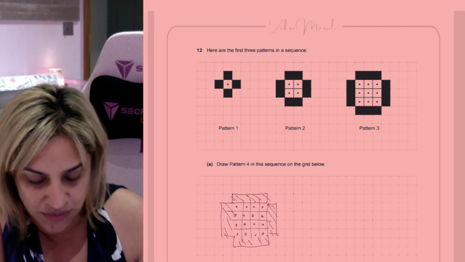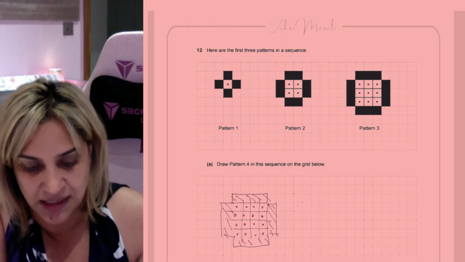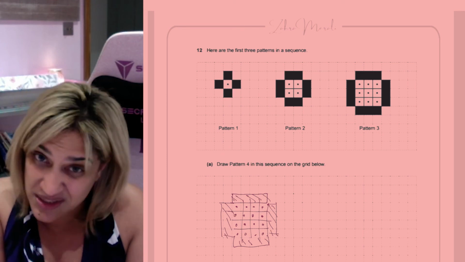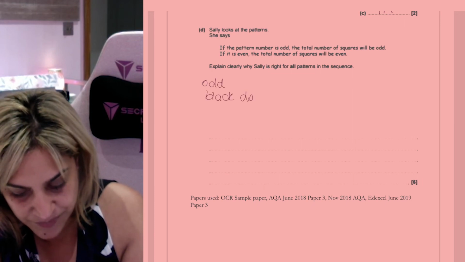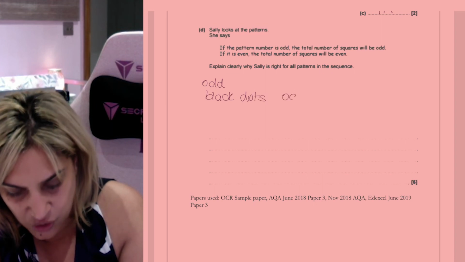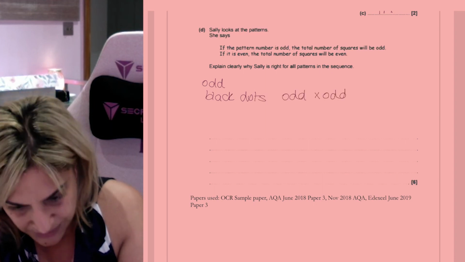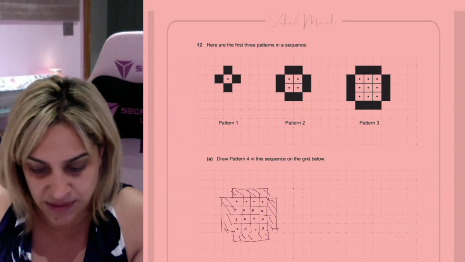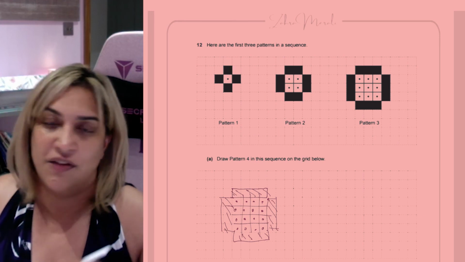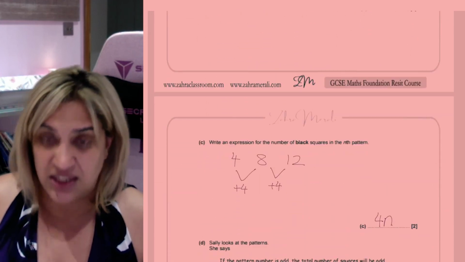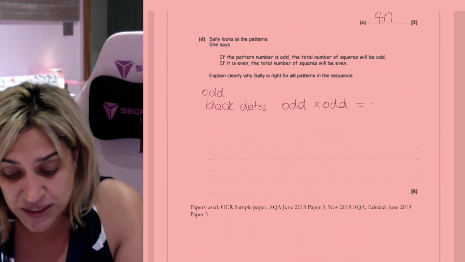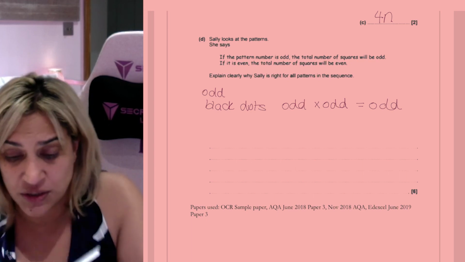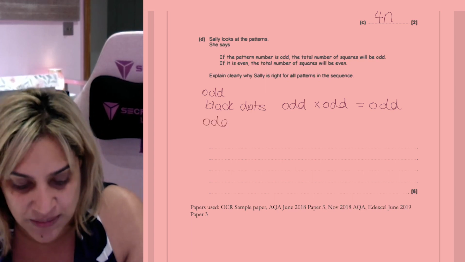Well, if it's odd, then the black dots will be an odd number times an odd number. So 3 times 3 is 9. Let's take 5 times 5 is 25. 9 times 9 is 81. That will always be odd. And then to that odd number, you're adding 4 times the number.